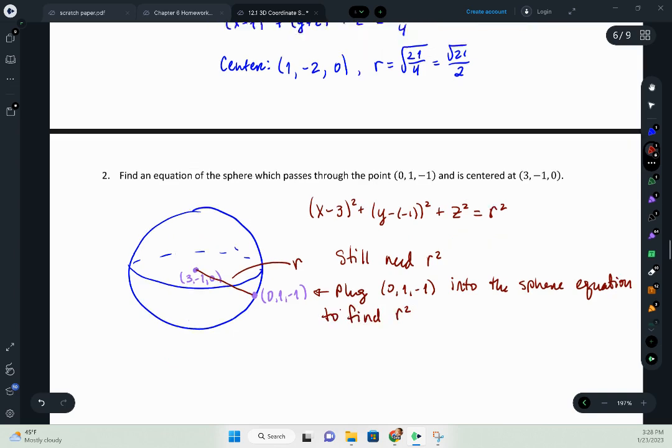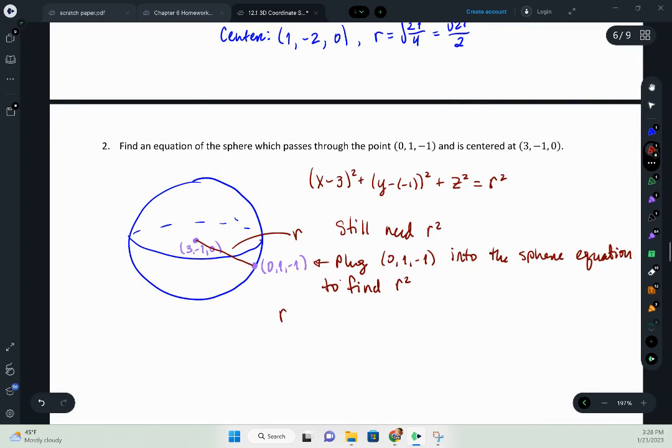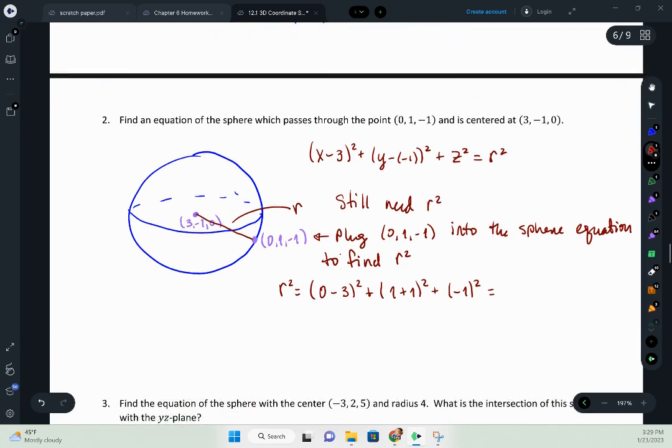or really r squared. So when I plug it in, I get r squared is equal to, the x value is 0, 0 minus 3 all squared, plus, I have y plus 1, so it's going to be 1 plus 1 all squared, plus z is -1 all squared. Okay, continuing on, this gives me -3 squared is 9, 1 plus 1 squared is 4, 1 squared is 1.